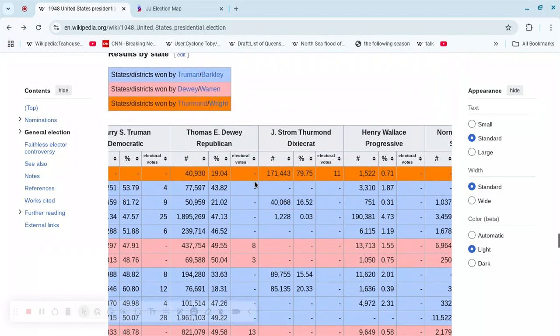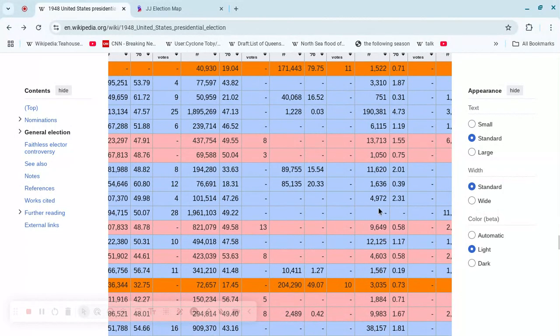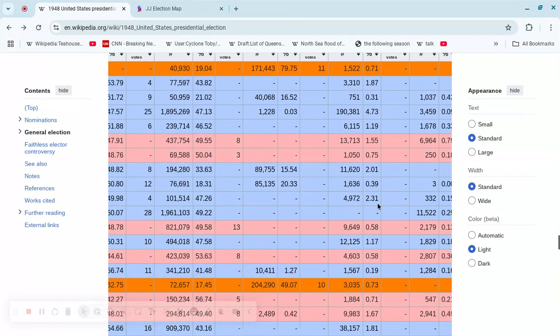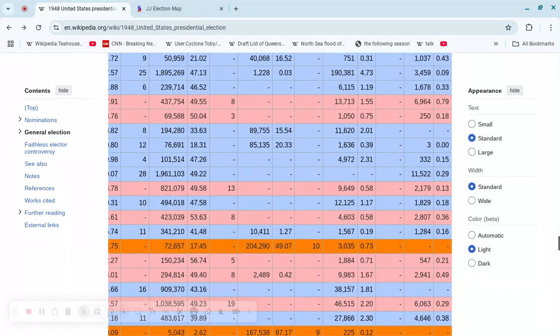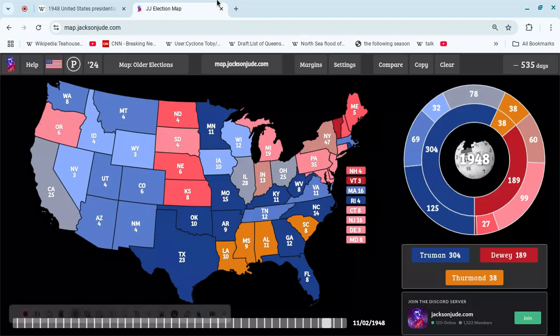Iowa, you didn't really have, Illinois. Illinois didn't have any of the progressive vote. Iowa had like 1.2% of the progressive vote, I want to say. So in Iowa, Democrats now have a 3.8% margin of victory.